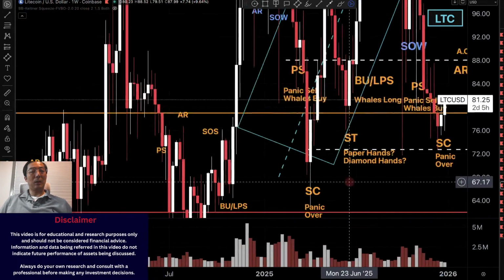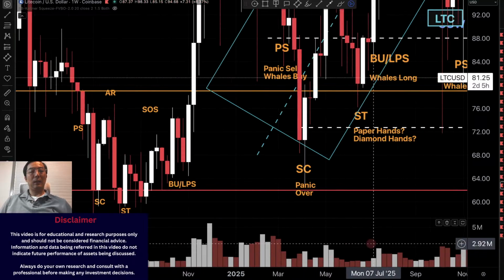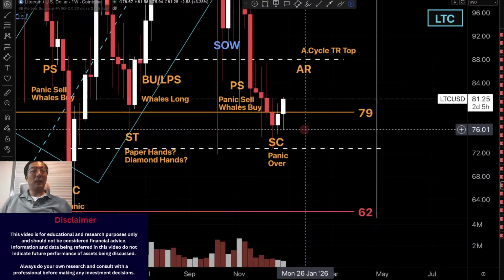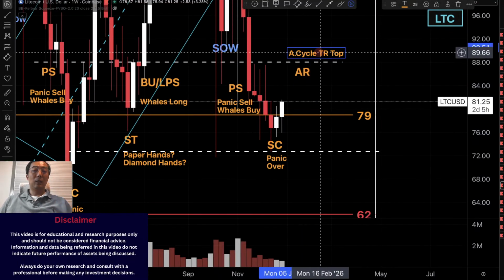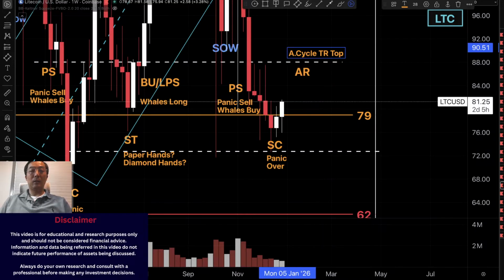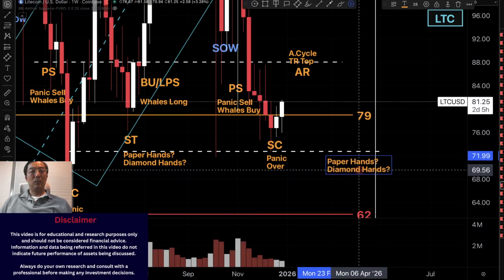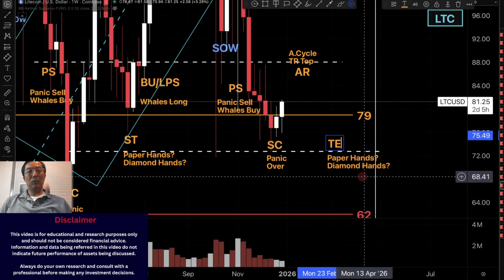If we look back in history, for automatic rally, that's usually the case. All right, they won't be of very high volume, but then the price would bounce a bit before it comes back down for subsequent tests, of paper hands, diamond hands. Whether you call that second test or just test, it's totally fine.